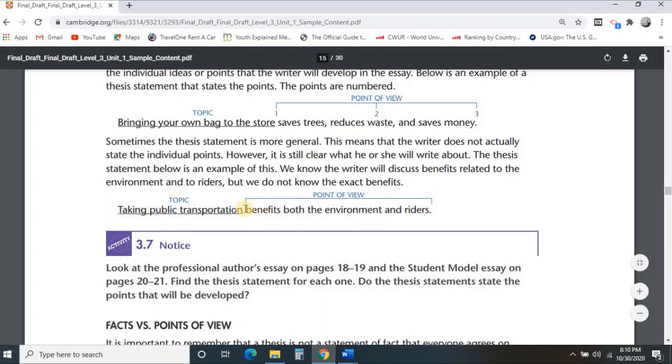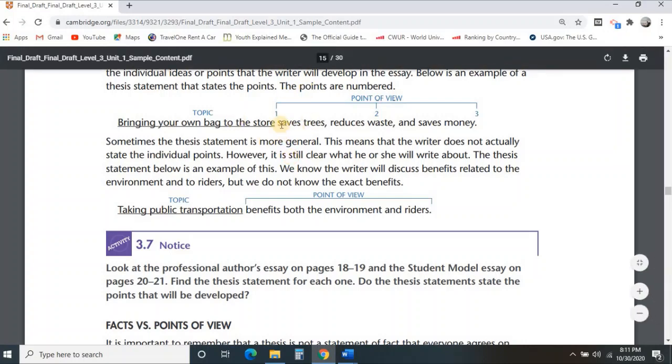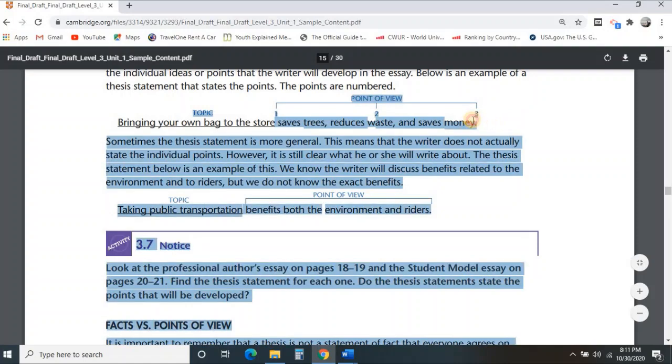It says benefits both the environment and riders, but does it list the different types of benefits? The answer is no. So this is the difference. The other is closed. The ideas and the points are already mentioned. The reader already has an idea about what will be discussed in the essay. The different body paragraphs will discuss these 3 points, no more.